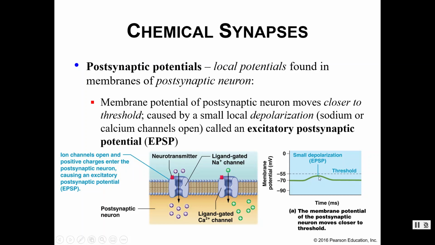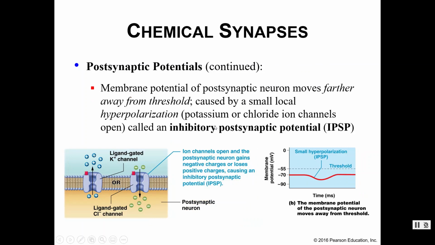Now we could do the opposite. Membrane potentials on the postsynaptic neuron move farther away from threshold. This would be a small hyperpolarization. This is our IPSP, and we could also do this in two ways. We could open up potassium channels, and even though potassium does have a positive charge, those potassium ions are leaving the cell, which would make the membrane potential more negative.